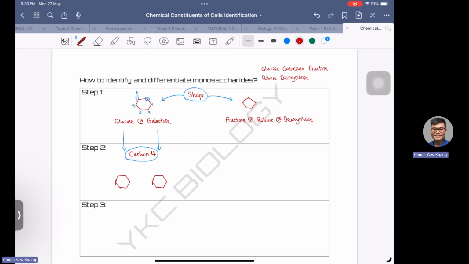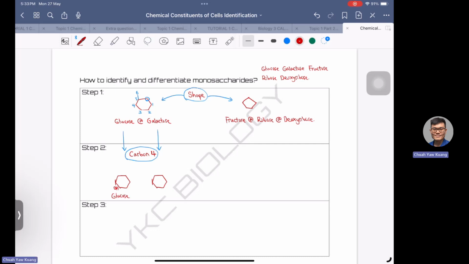We look at the OH group at carbon number 4. If the OH group is at the bottom plane, then this will be glucose.